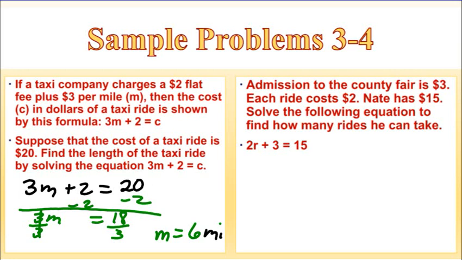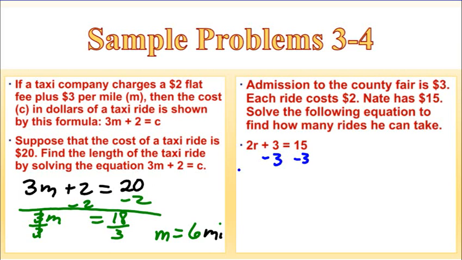And the next one: admission to the county fair is $3. Each ride costs $2. Nate has $15. Solve the following equation to find how many rides he can take. We have 2r plus 3 equals 15. I need to get the 2r by itself, so the opposite of adding 3 is subtracting 3.